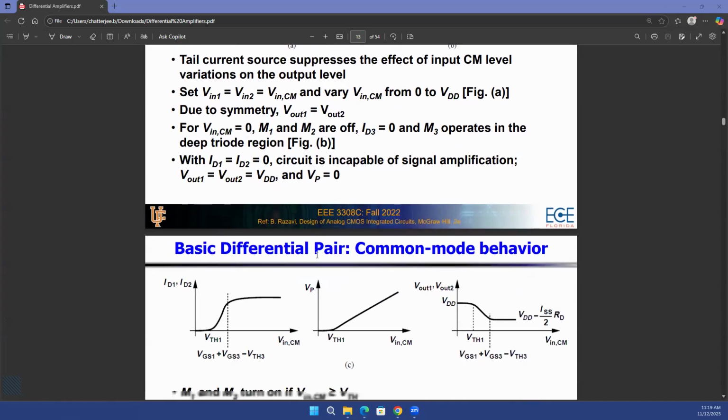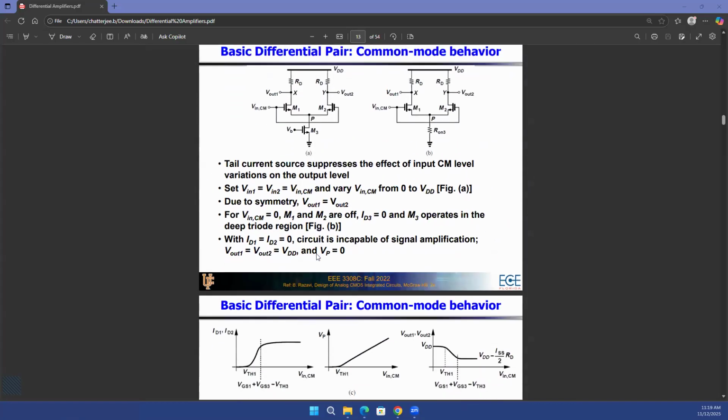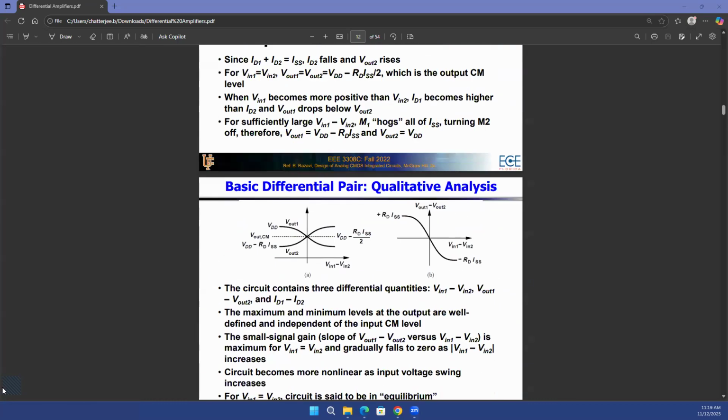All right. Now, if you want to see the common mode behavior, so that is in the scenario when I do not have the same common mode. So this plot is talking about the extremes: if V1 minus V2 is not the same, what happens?